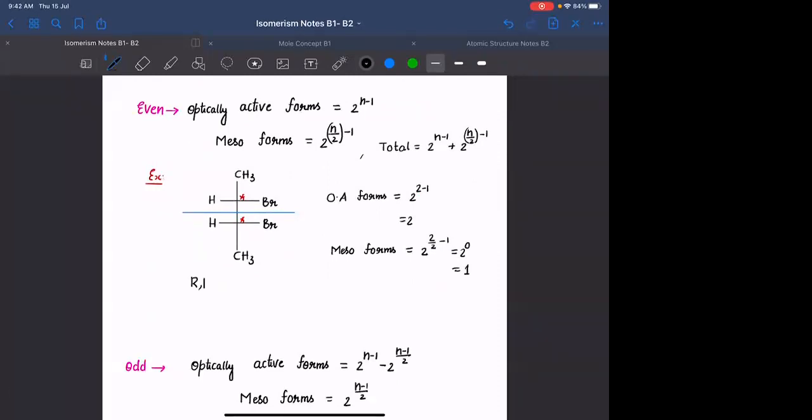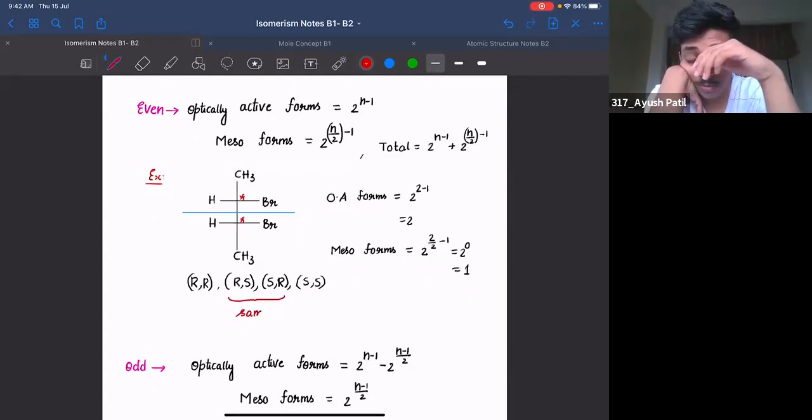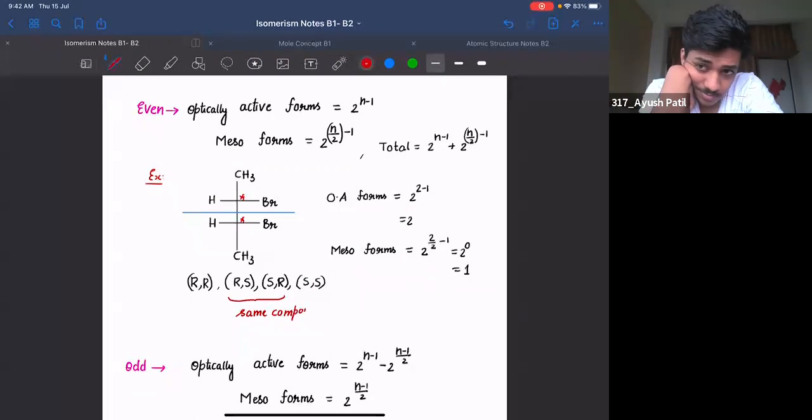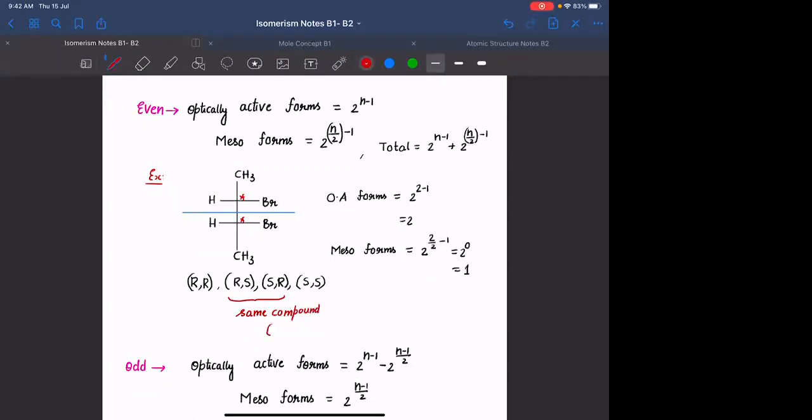Again, you can have RR, you can have RS, you can have SR. These are the combinations, right? Or you can have SS. In this case, RS and SR are not two different compounds. They are the same compound, which is nothing but meso.